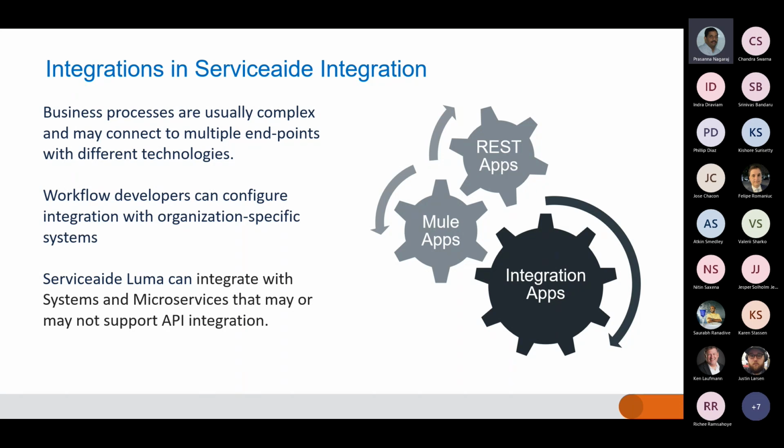Serviceaide Luma can integrate with systems and microservices that may or may not support API. API integration would always be through REST, and that is the standard way where we can configure the options using the REST interface. The Mule apps are the interfaces or integrations using non-REST.